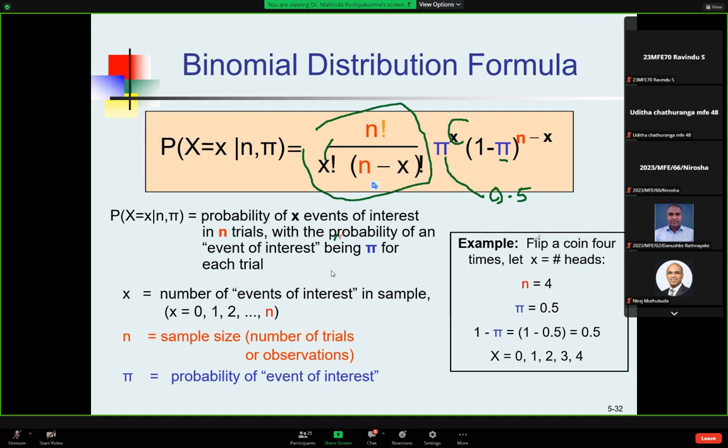Okay, then quickly you can do this exercise. Flip a coin 4 times. x is the number of heads. Then what is the probability that x equals, let's say, 0, x equals 1, x equals 2, 3, 4?